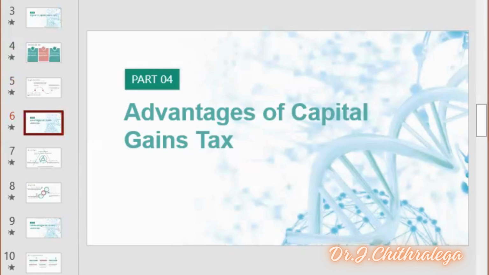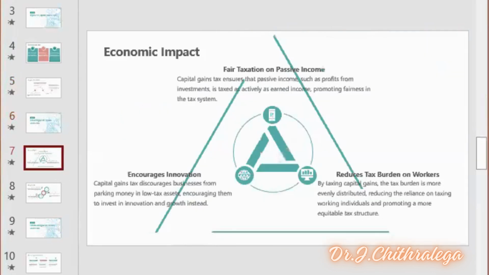Now let's see what the advantages of capital gains are. Here you can see in the next slide, it will have an economic impact. Instead of using their money to innovate business, often they park their money in low tax assets. The capital gain tax hinders this.